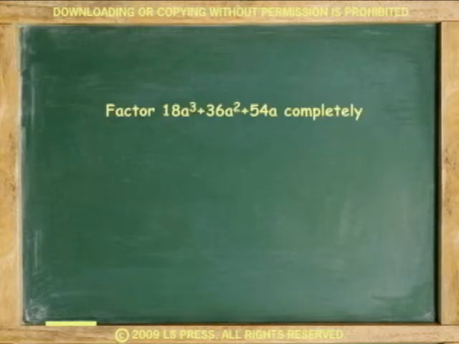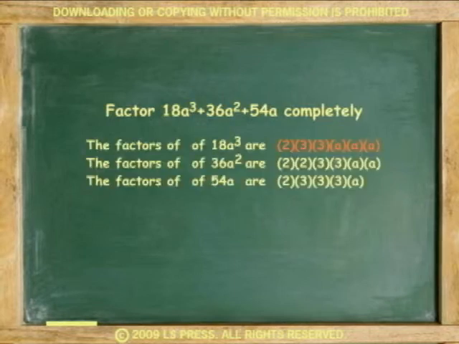In algebra, factoring works the same way, except this time with numbers and symbols. For example, factor 18a cubed plus 36a squared plus 54a completely. The factors of 18a cubed are 1 2, 2 3's, and 3 a's.